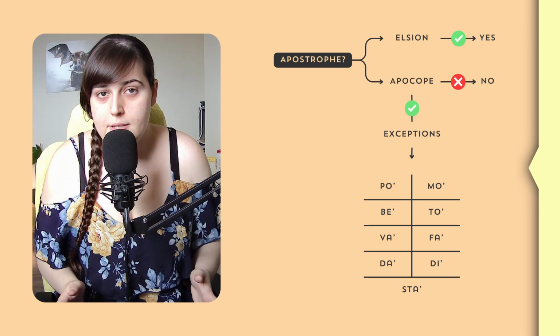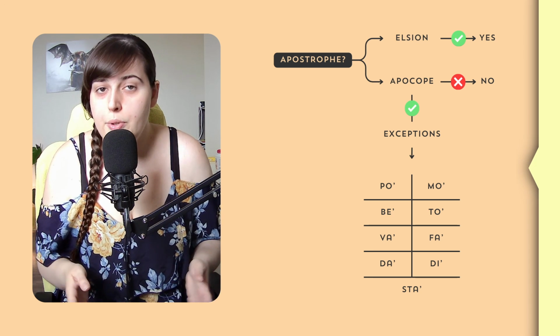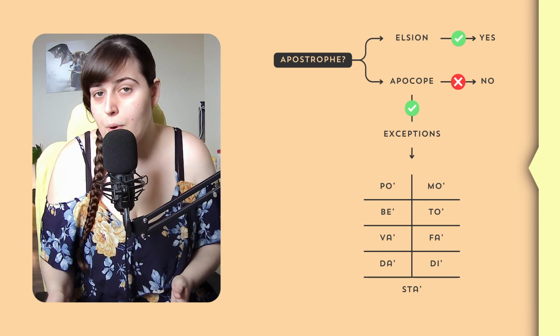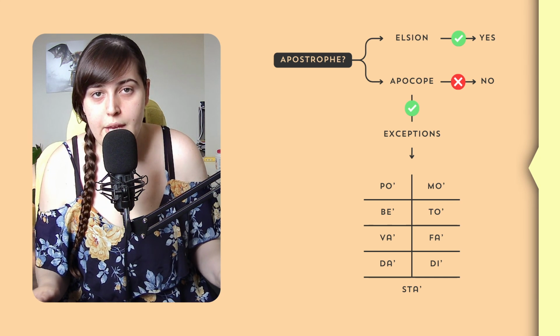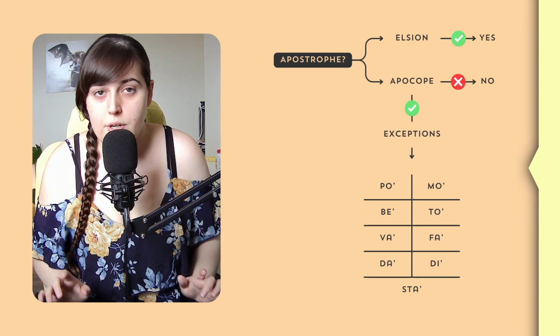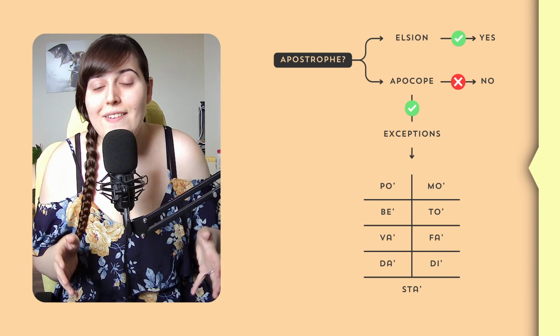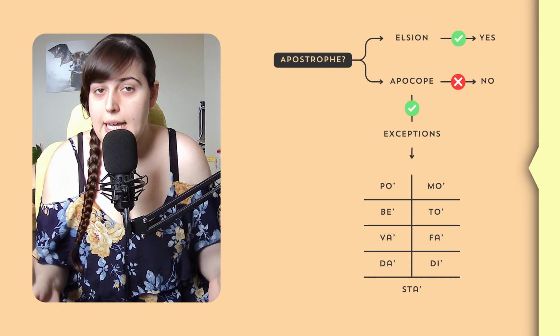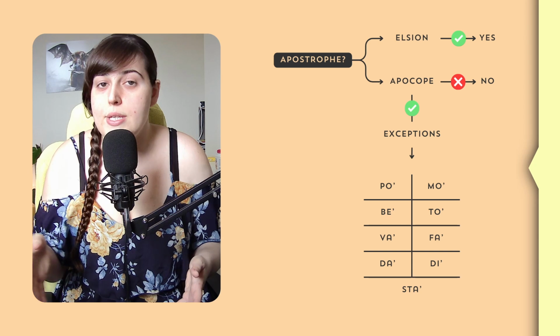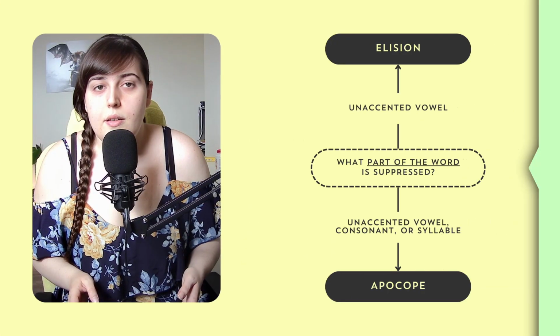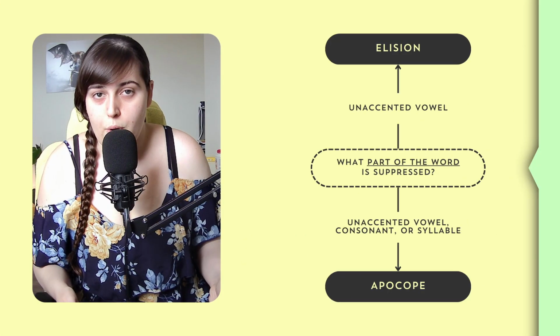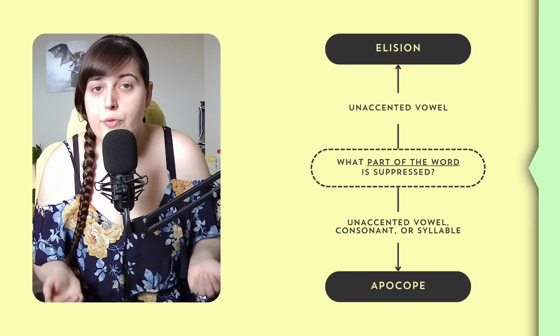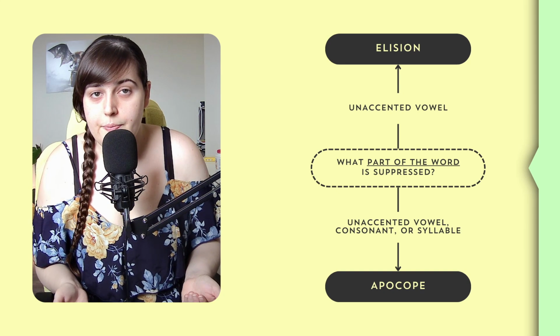In other words, is that an elision? Put the apostrophe. Is that an apocope? No apostrophe. There are only 9 words that want the apostrophe even if they are truncated and not elided. And this leads us to the second trick. Both elision and apocope involve the suppression of the final part of a word.